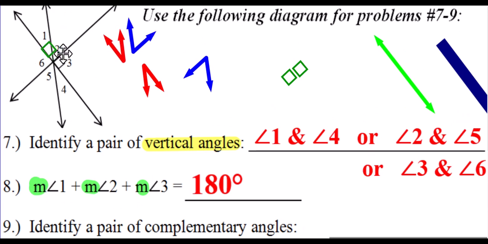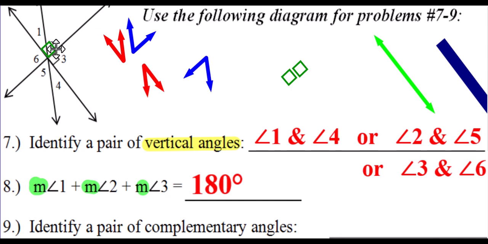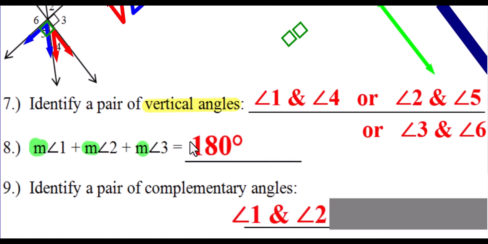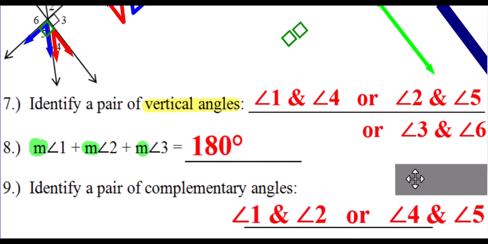Again, since angle 3 and angle 6 are both right angles, I could slide the right angle symbol along this straight line, and you would see that angle 5 and angle 4 would together form that 90-degree angle. And so therefore, they're the other pair of complementary angles.